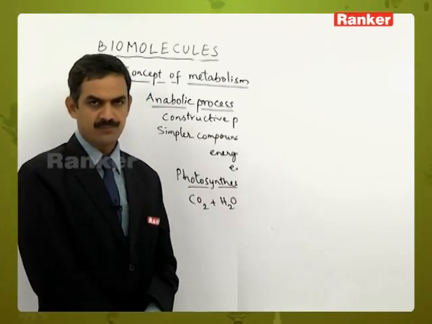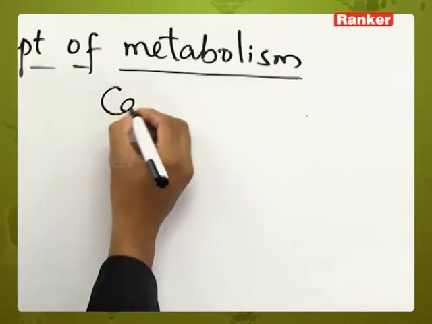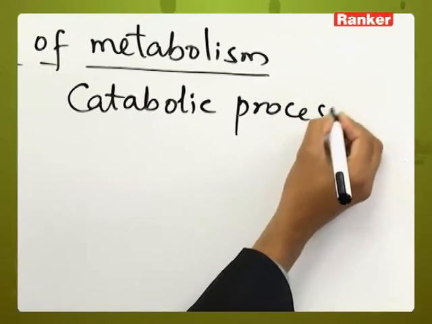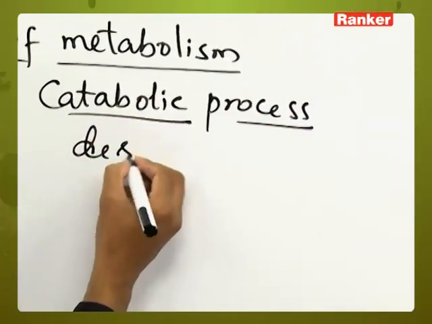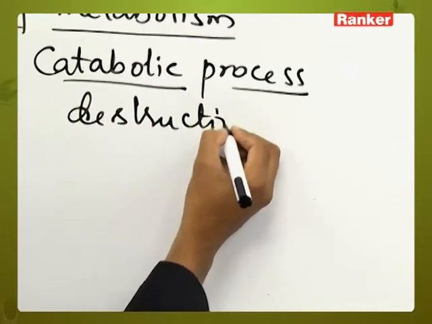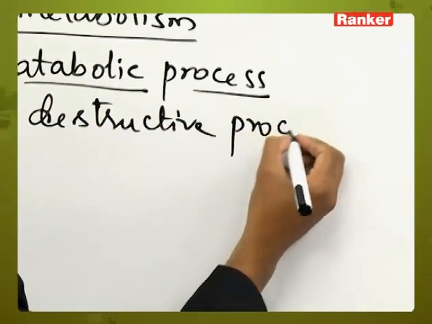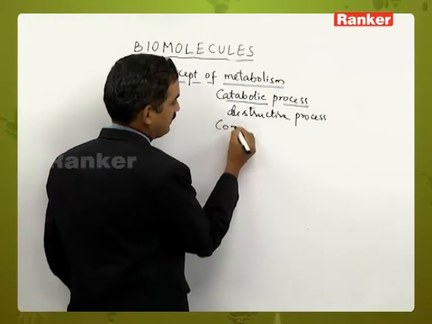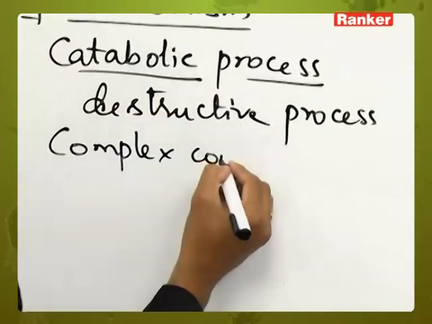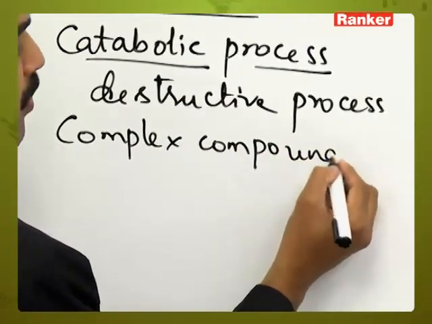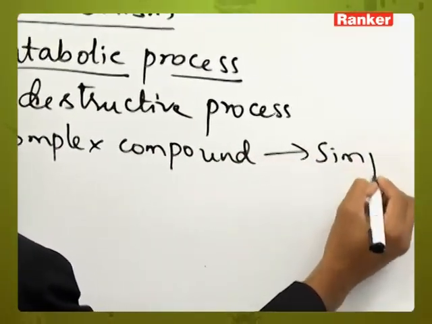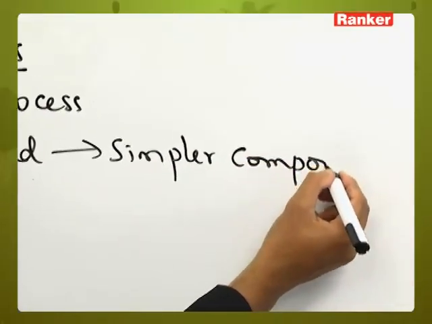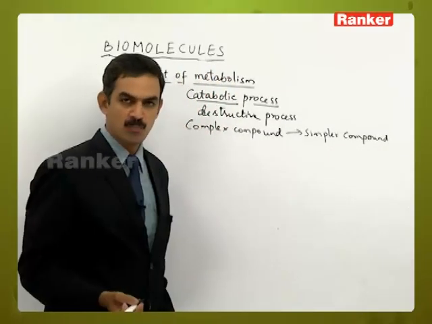Next one is the catabolic process or catabolism. This is considered a destructive process. Why is it called a destructive process? Here whatever complex compound is present is converted into simpler compounds, or we can say the complex compound will break down to produce simpler compounds.